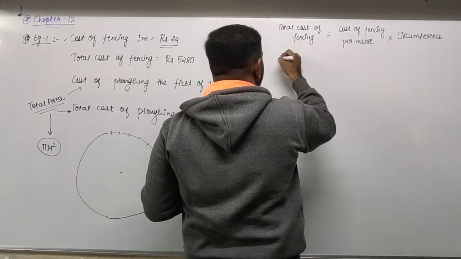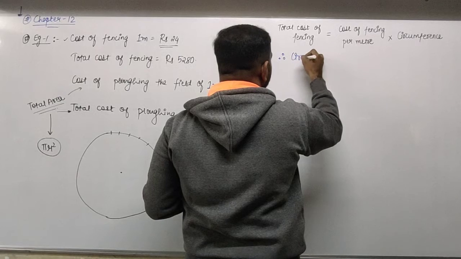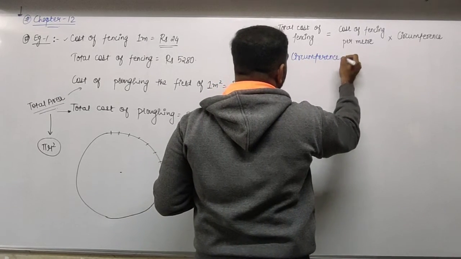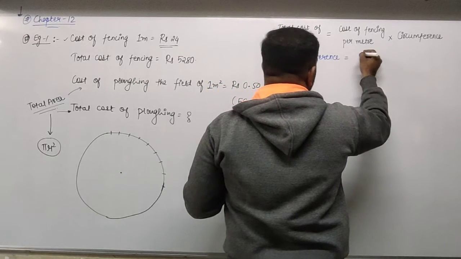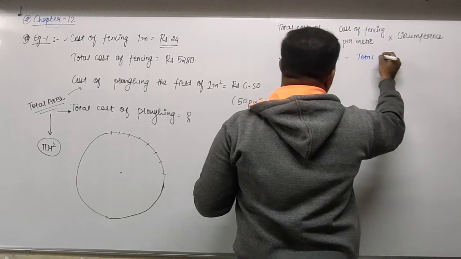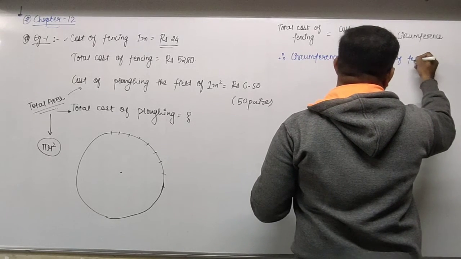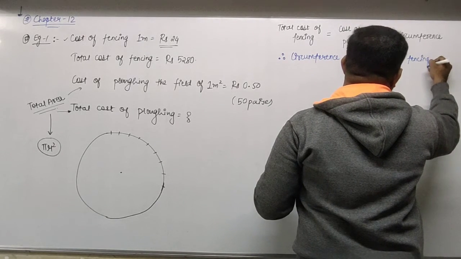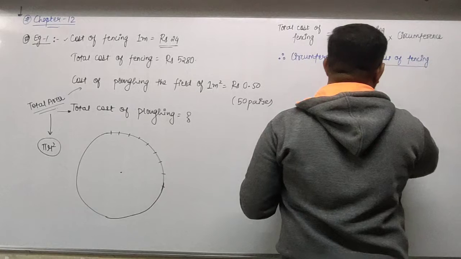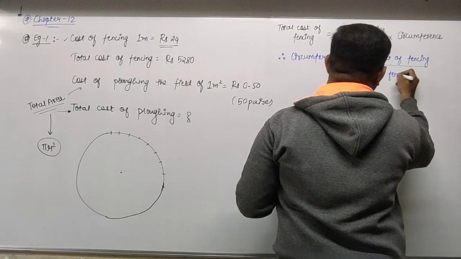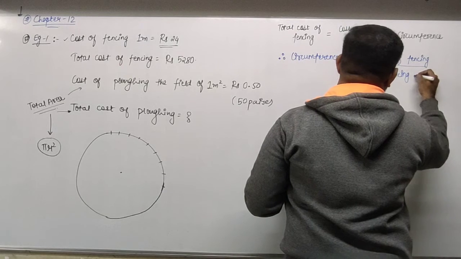Therefore, circumference is equal to total cost of fencing divided by the cost of fencing per meter.